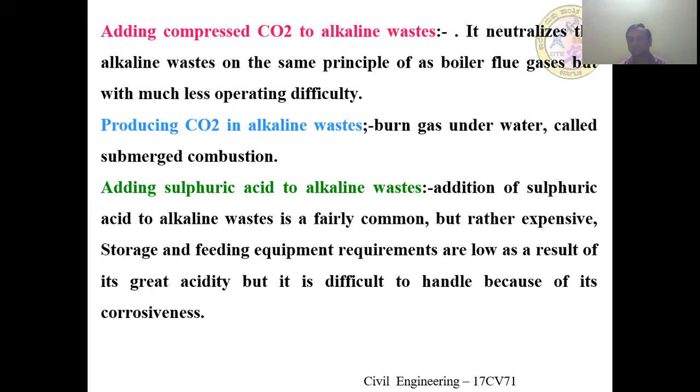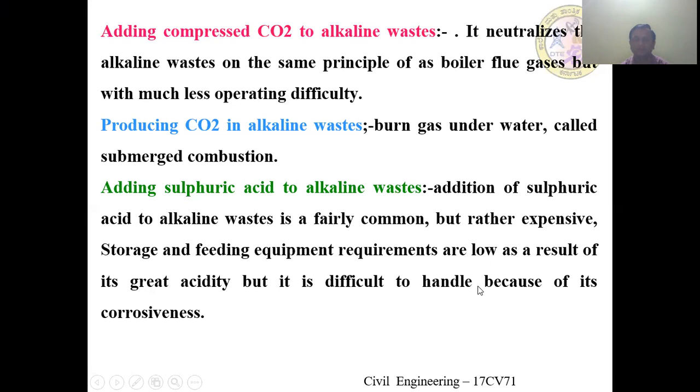It's a very simple method, as I discussed earlier: by passing an acid or a waste alkali solution, you supply carbon dioxide from the effluent, or you produce CO2 in the alkaline waste.